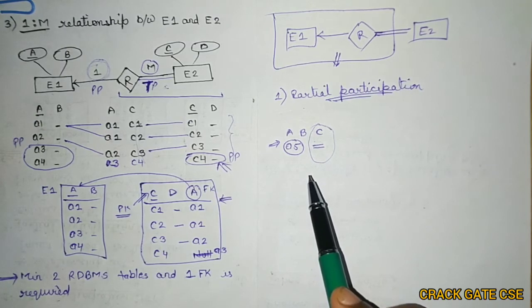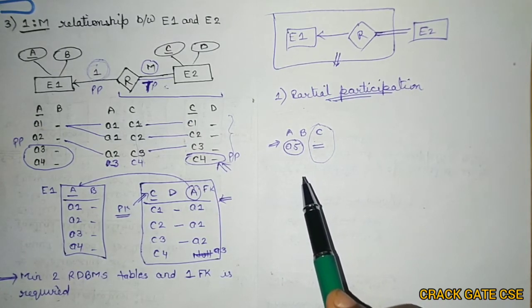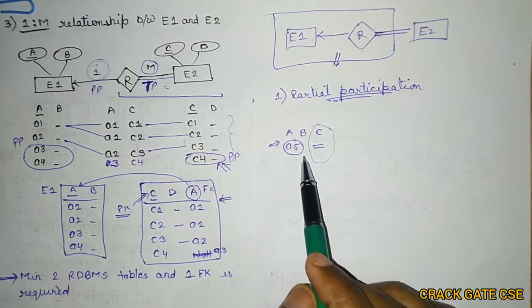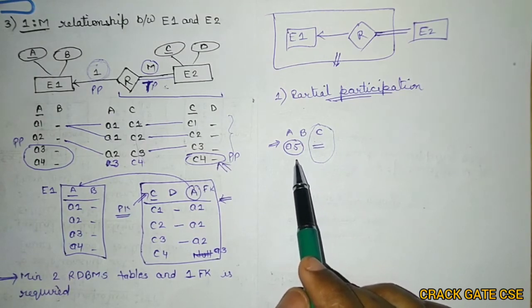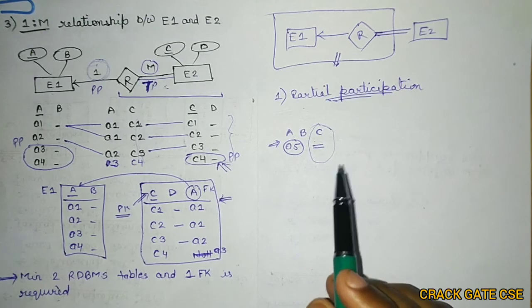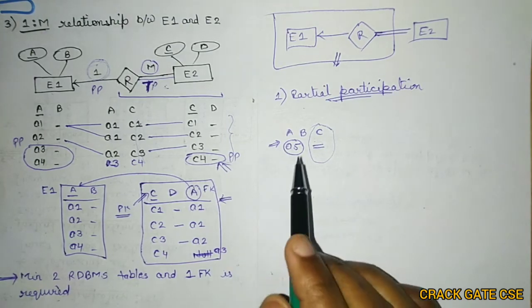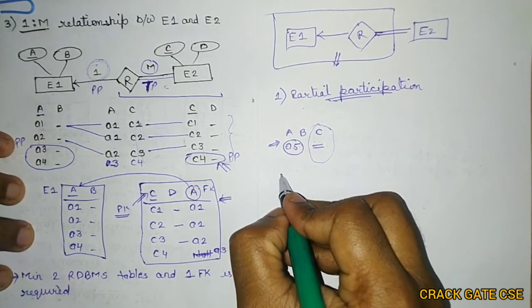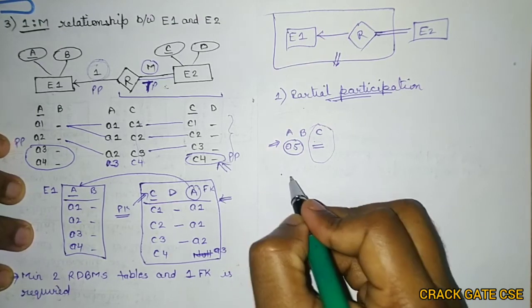So because of those insertion anomaly and deletion anomaly, this is not the correct decomposition, right? Now one more thing is that there can be, let me give you some values, right?